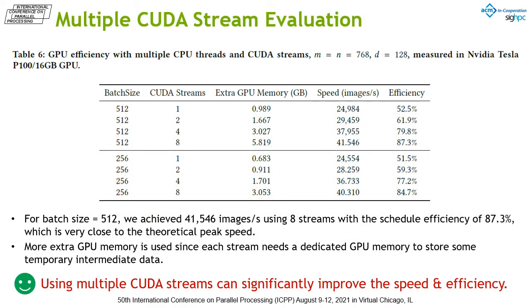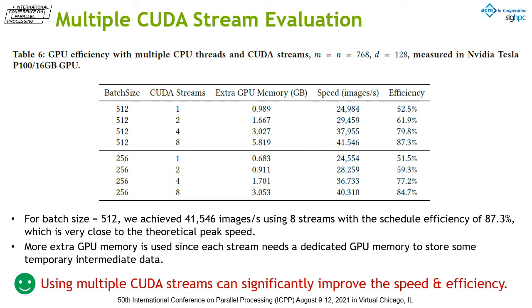From this table, we can see that using multiple streams can significantly boost the speed performance due to the bottleneck of the PCI interface. The peak speed is about 47,000 images per second.